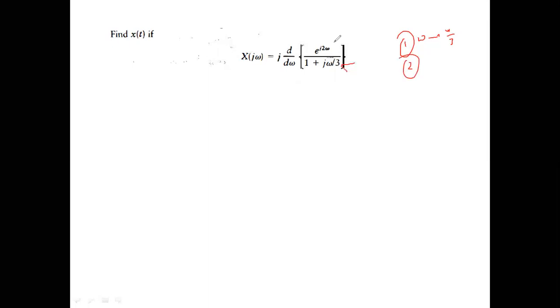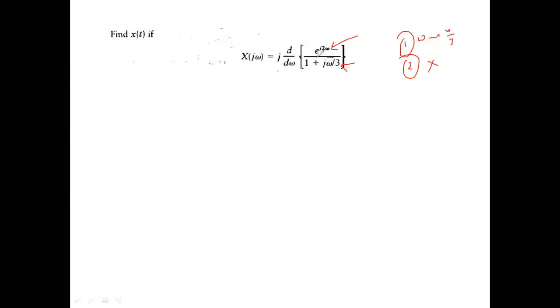The second thing I want you to observe is that the entire expression has been multiplied by an exponential in the frequency domain. Omega replaced by omega by 3 indicates the frequency scaling property, a scaling in the frequency domain, so we have to see the corresponding property.